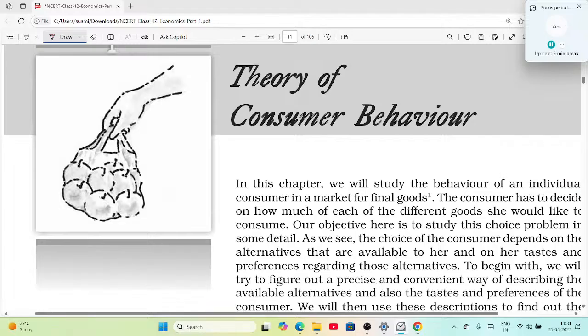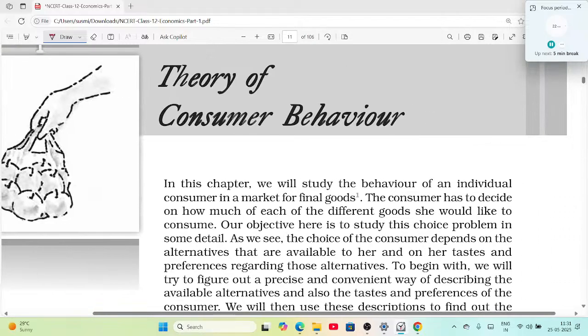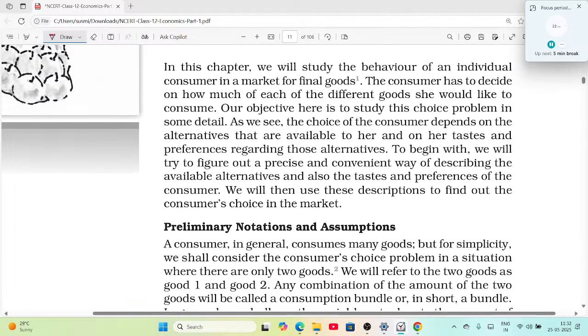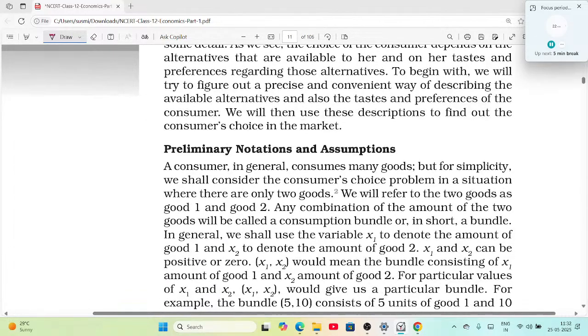Theory of consumer behavior. In this chapter we will describe the consumer's choice.